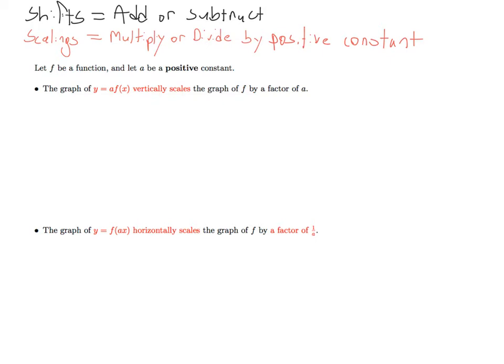And so what that means is that the graph is stretched or compressed depending on the value of a, away or towards the x-axis.